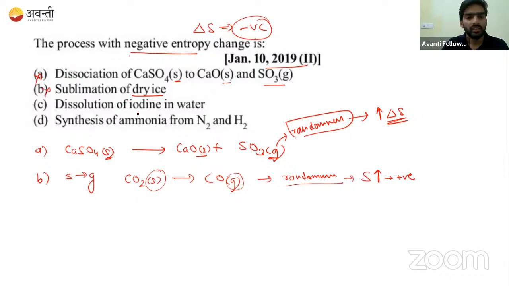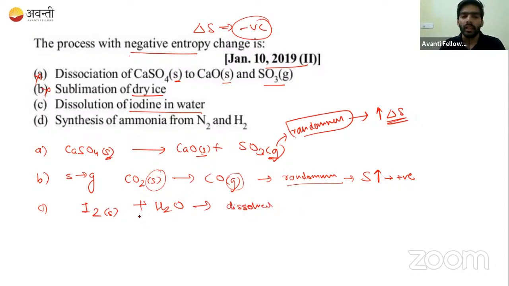And what does it say here? Dissolution of iodine in water. That means iodine is getting dissolved in water. Or we can say I2, which is solid, plus water, is getting dissolved.